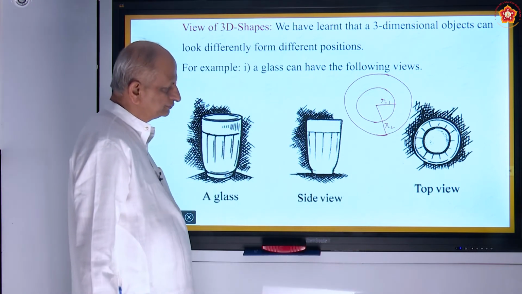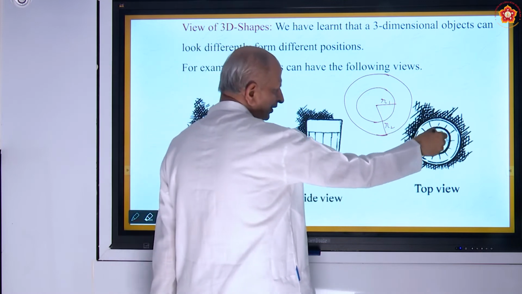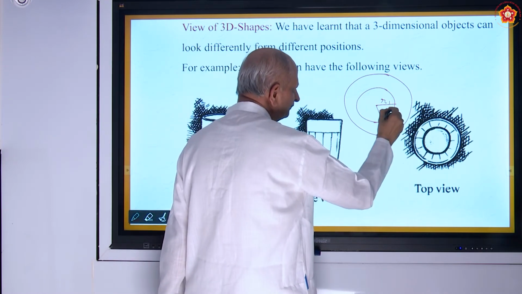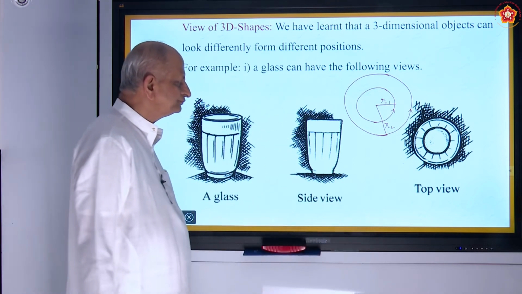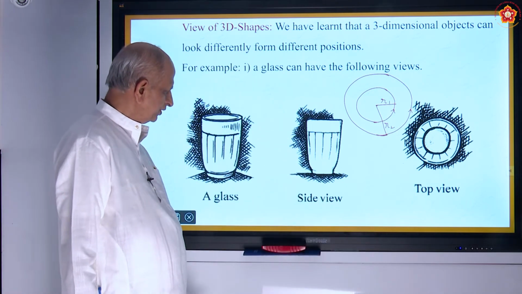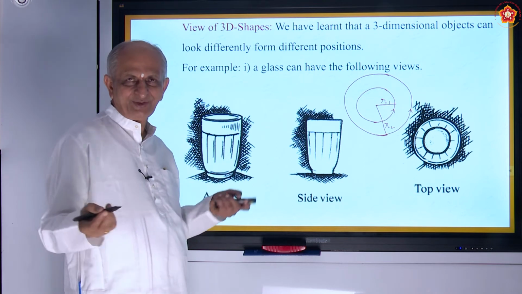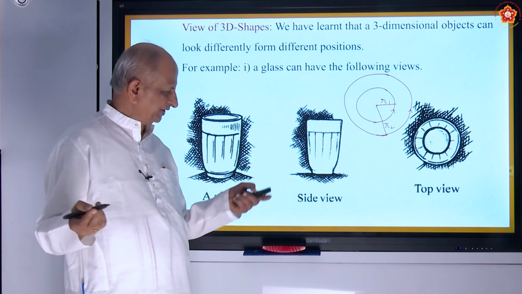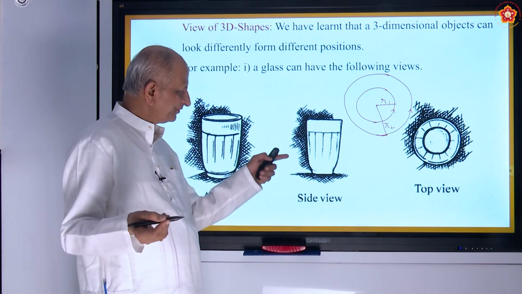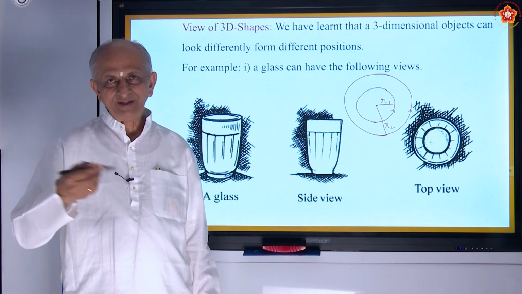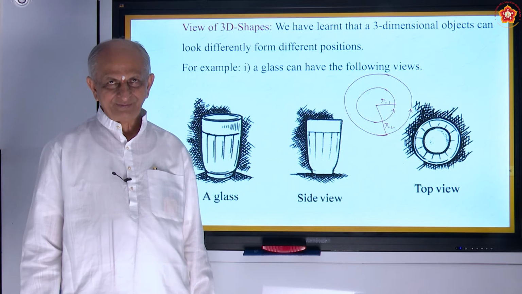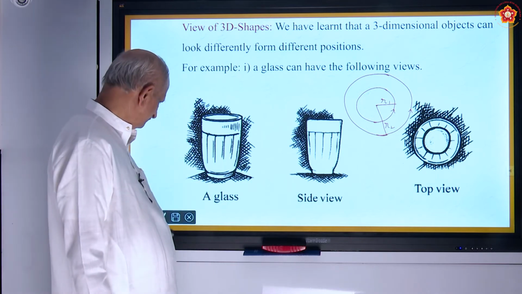Radius is different. That is what you can see here from the top. And the circumferences will be parallel to each other. Okay. So this tumbler, as we see, it looks like that. If you see from the side, it looks like this. If you see from the top, it looks like this. So that is how we observe a glass, correct?